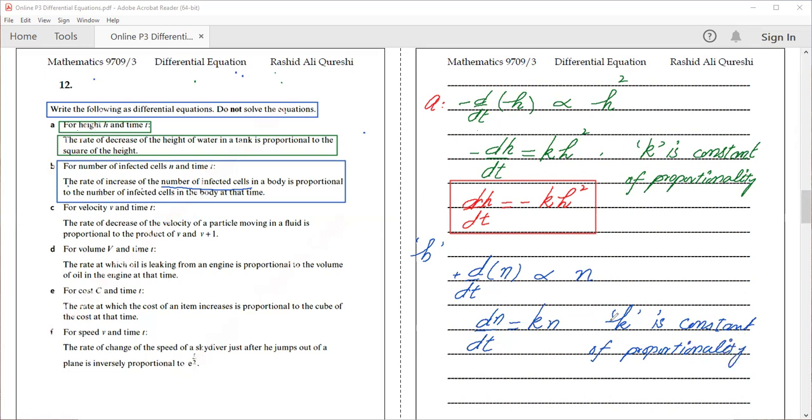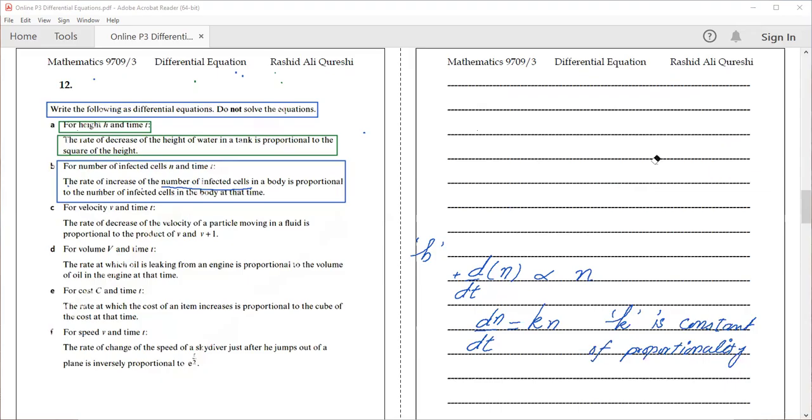Now the next one is question number 3. The C part of the question is just like this. I will use the green color for the C part of the question.